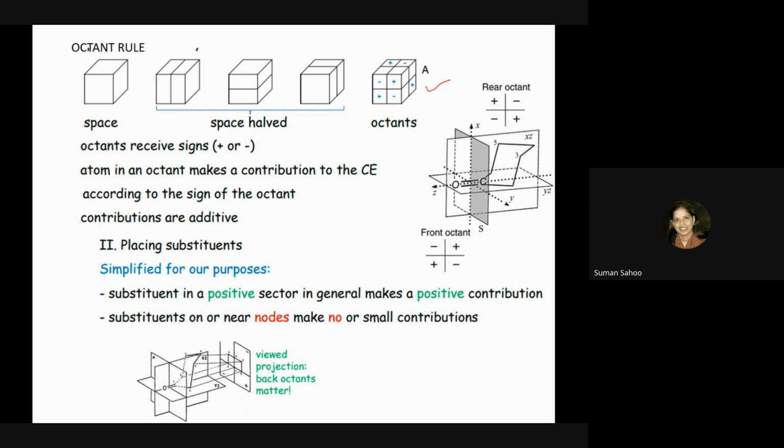And whenever the group is in a positive octant, it gives a positive Cotton effect. Whenever a substituent is on or near nodes, it makes no or only a small contribution. For example, if this is carbon number 1, this carbon number 4 is present in a node here, so any substituent on that one does not make any contribution.